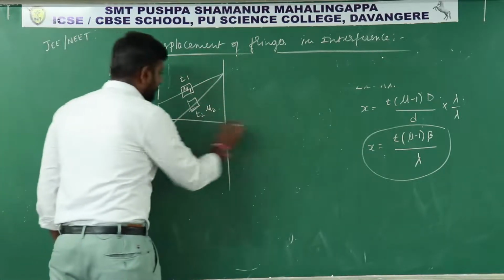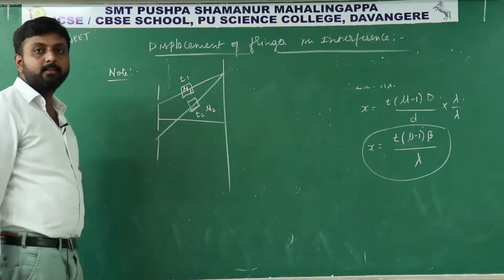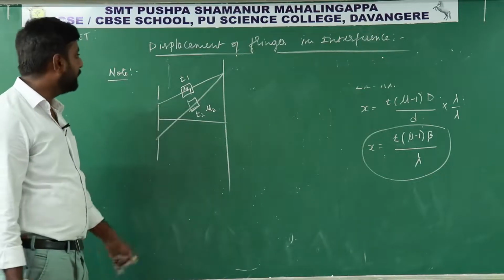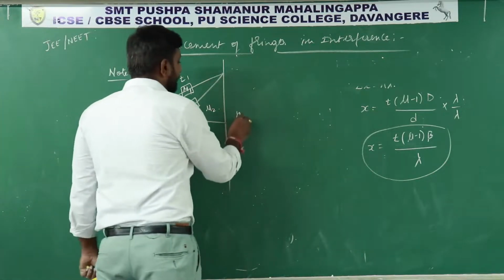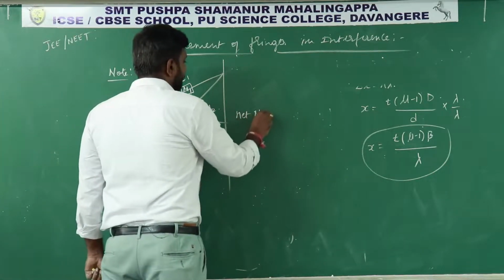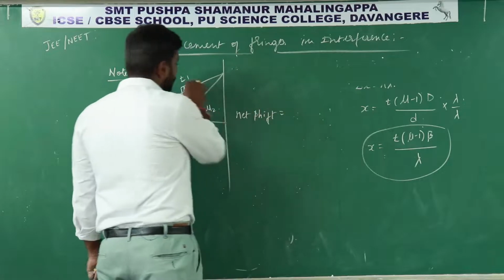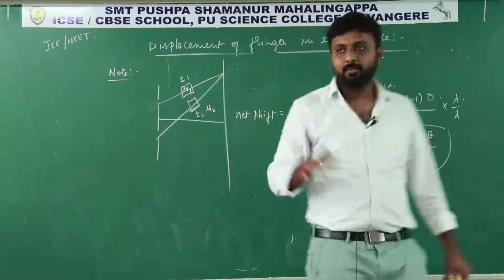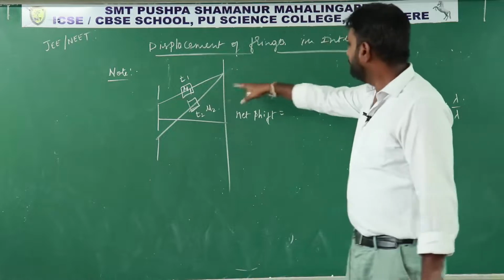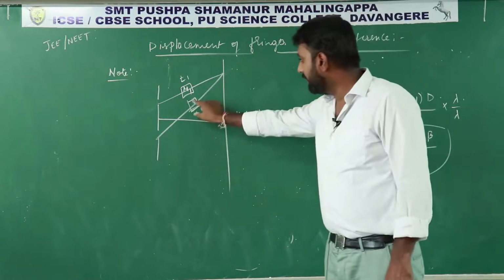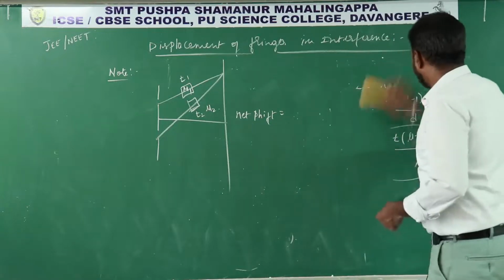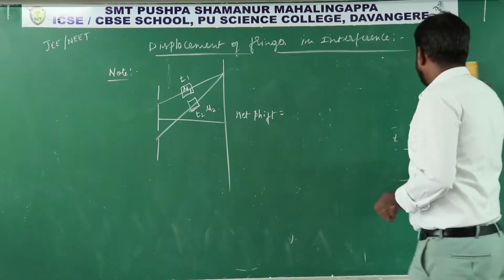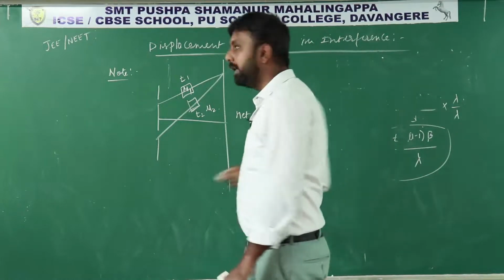In this case, what is the shift? To get the shift formula, we will find the net shift. Net shift means due to the slab for the upper beam the shift will be upwards, and due to the slab for the lower beam the shift will be downwards.